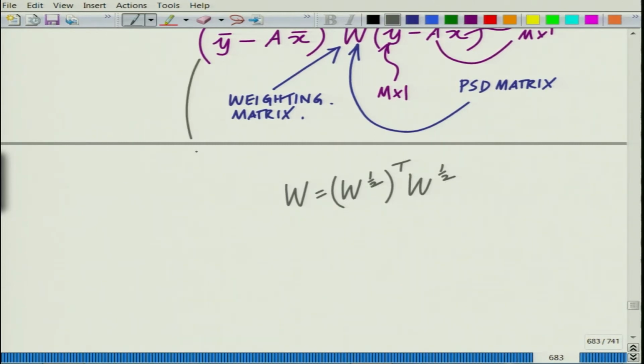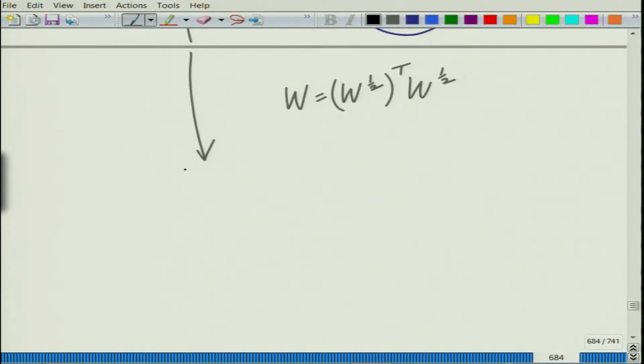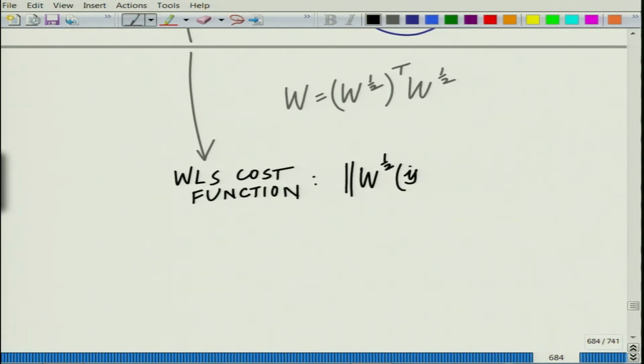So, therefore, I can also write this WLS cost function as the norm of W half (y bar minus A x bar) whole square.